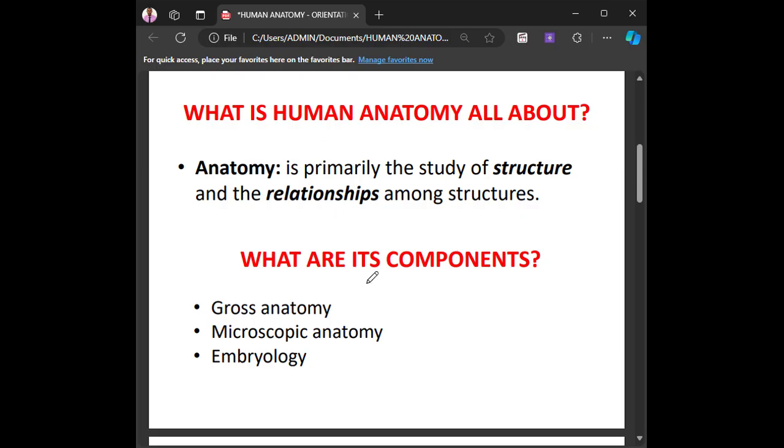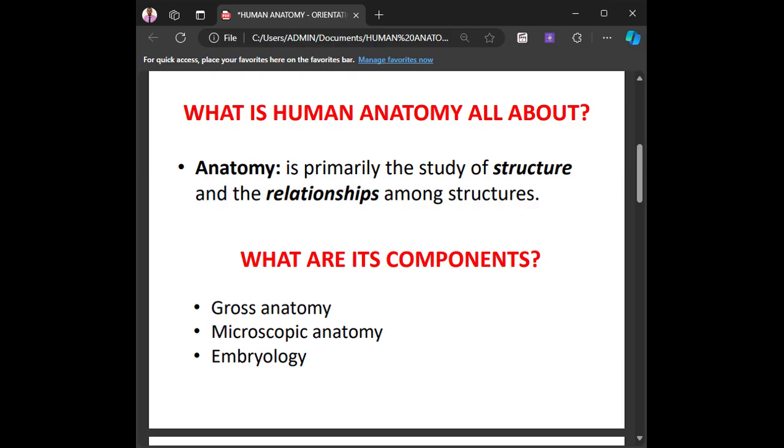Secondly, what exactly are the subdivisions which make up this anatomy? Human anatomy is basically subdivided into gross anatomy, which is also known as macroscopic anatomy.